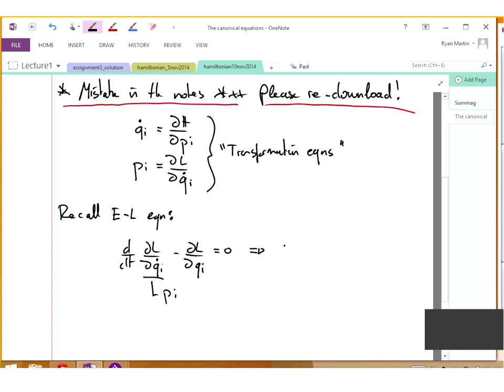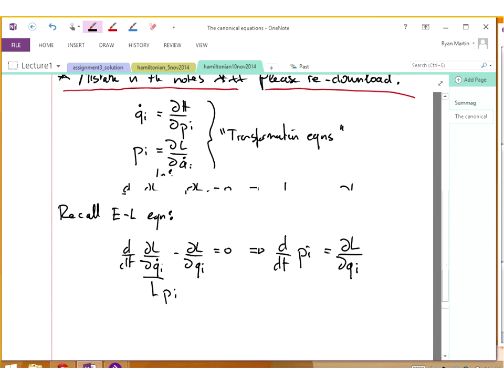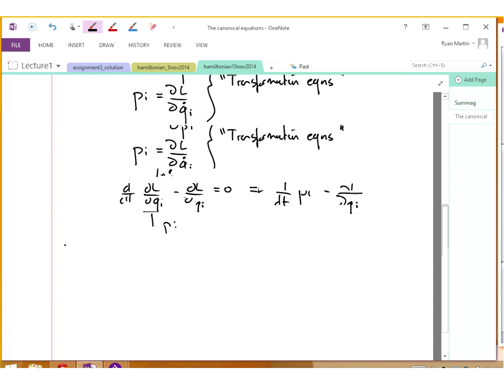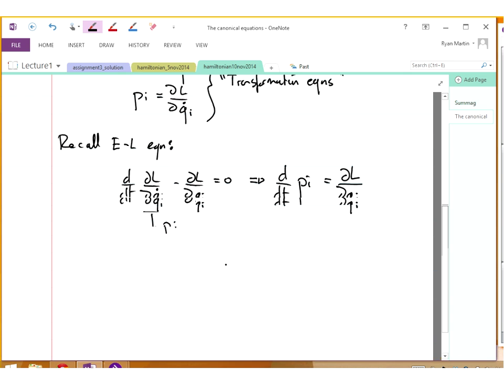And so what this tells us is that d/dt of p_i is equal to ∂L/∂q_i. Now recall, for the passive variables, we had ∂L/∂q_i was equal to minus ∂H/∂q_i.